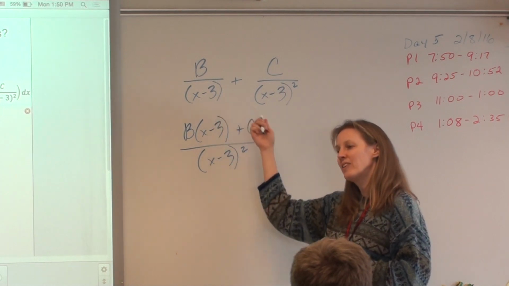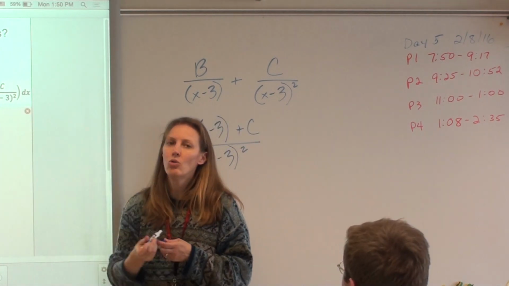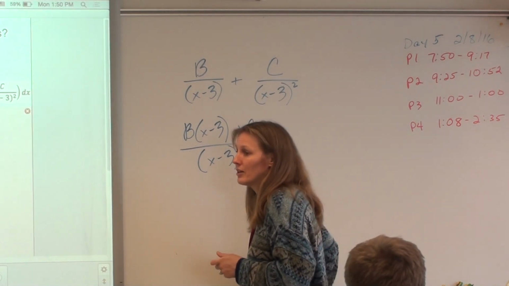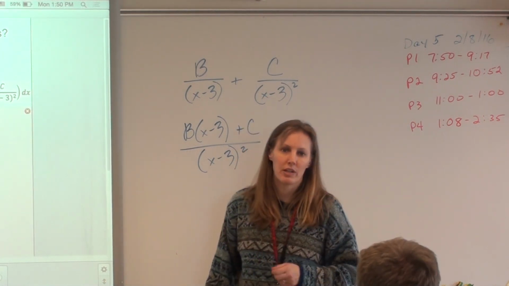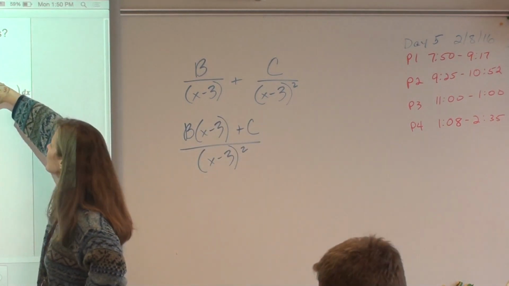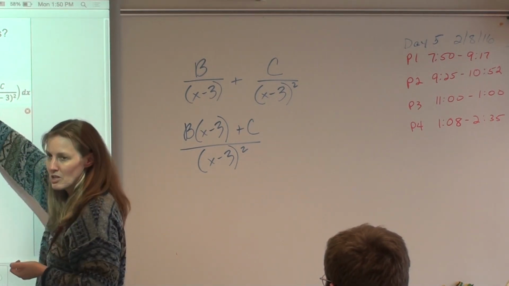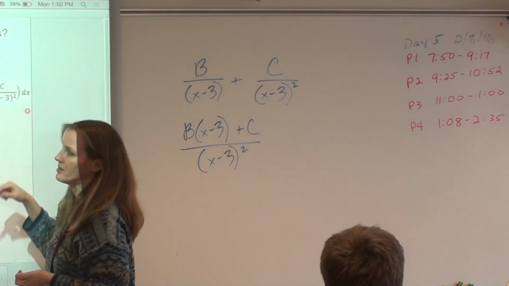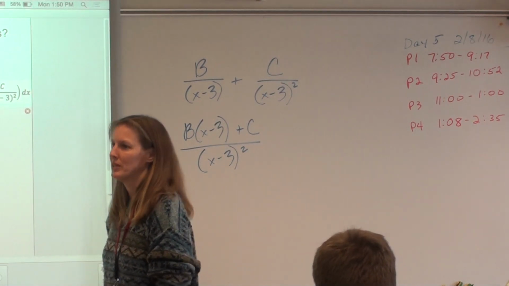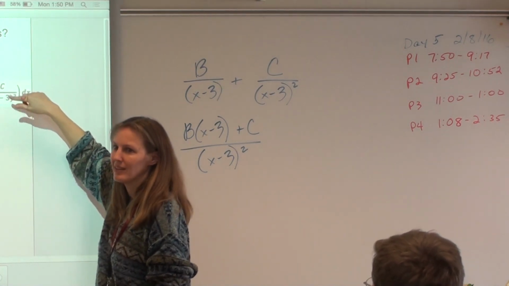So we have a linear over the quadratic, it's just that we are writing it in a different way. You can only do this for repeated linear, and you should do it for repeated linear, because it's so much easier than treating it as a quadratic. If you would prefer to write ax, and then just have bx plus c over an x minus 3 squared, you would be able to solve it and it would be okay, but this is the easier method. It's faster and simpler. And you'll get used to it with those repeated linears. So constants over any linears, including repeated linear factors.